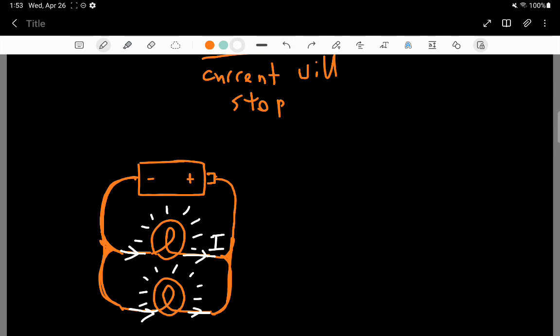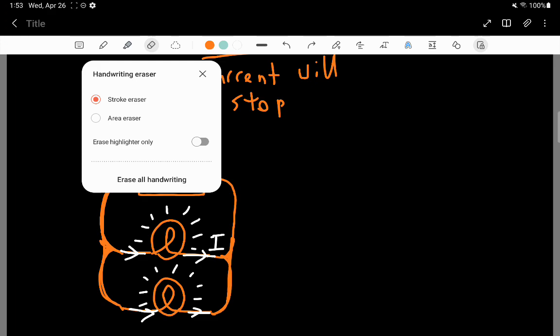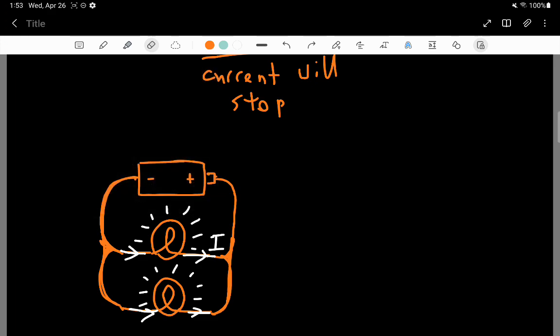So an interesting thing to wonder is what if one of the light bulbs turns off for some reason? I'm going to say that it turns off because the filament inside broke. Right? So you can see that there is an open connection there.